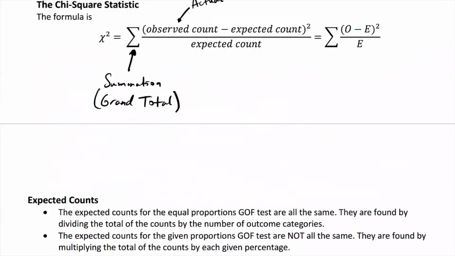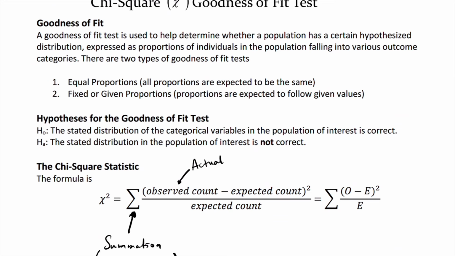So the stated distribution of the categorical variables, or the proportions in the population, is what? Not correct, that's not how I would say it. What does it mean by correct? What is it trying to mean?